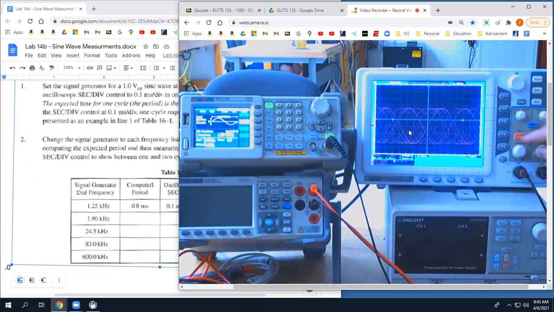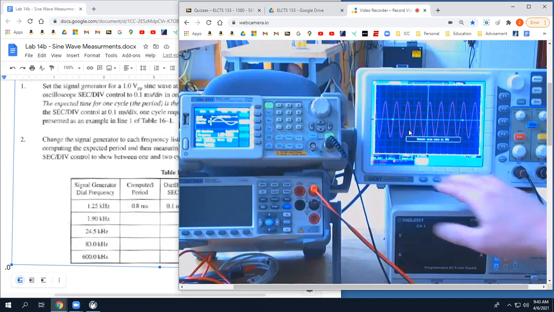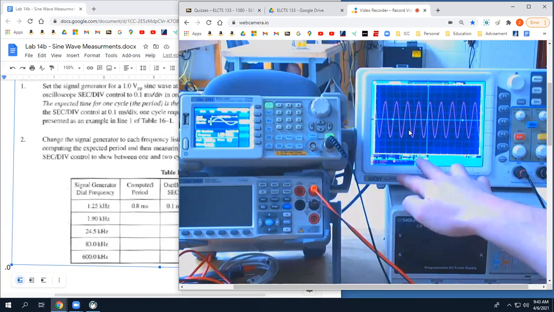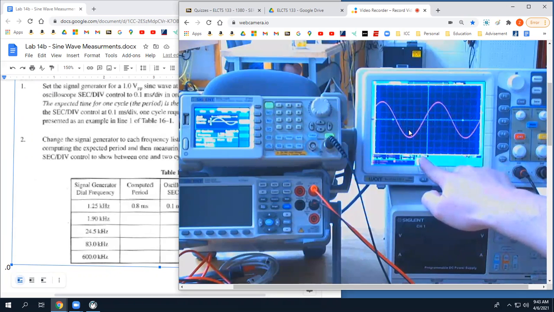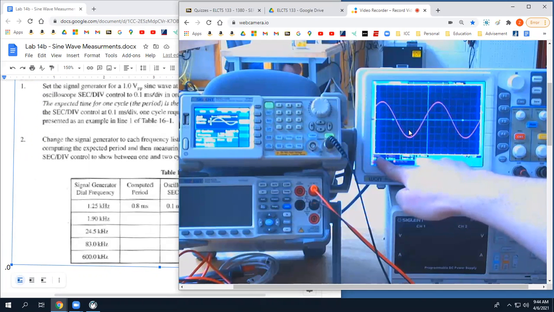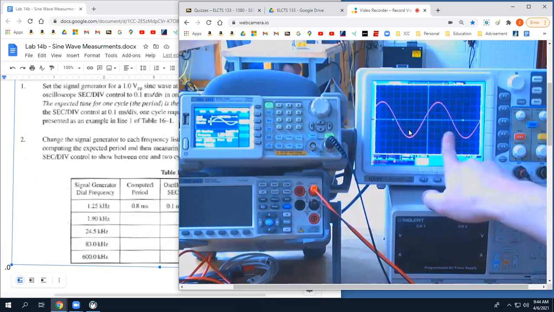It looks a little better at 500 microseconds per division. 100 microseconds per division. 200 millivolts. Are you guys seeing this, or what are you seeing?